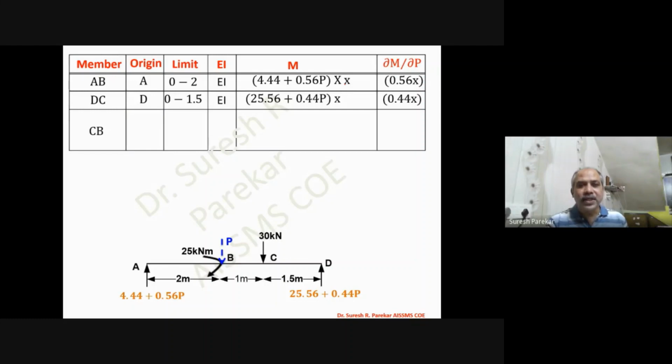So C to B, origin C, then 0 to 1, EI. Then you can see 25.56 plus 0.44 P into X, where X is between C to B, so we are going to consider X between this.